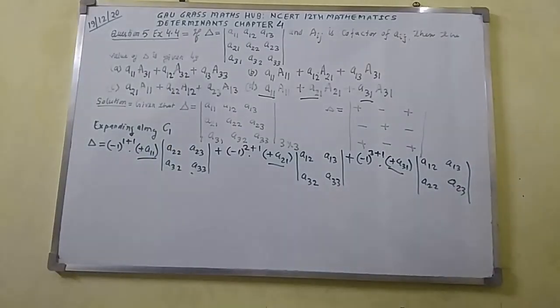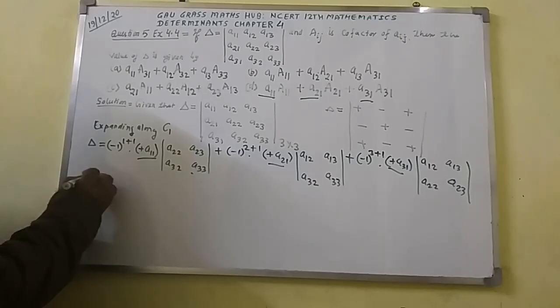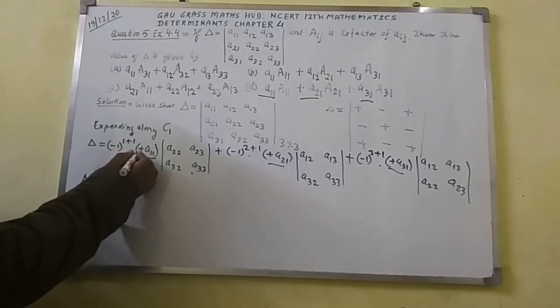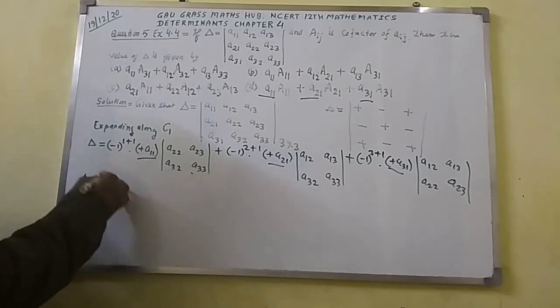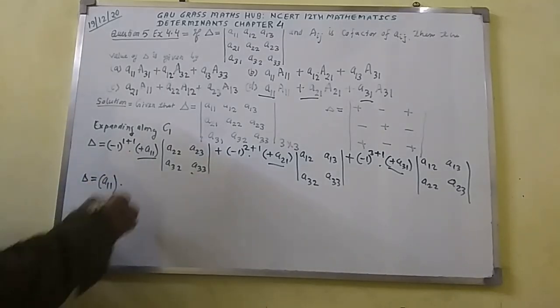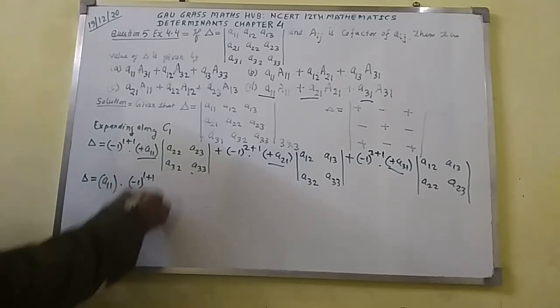Now what we'll do in this case, here you can see this thing I can write very well. Here you can see plus A11. So here A11 will be written. Here dot minus 1 raised to power 1 plus 1.